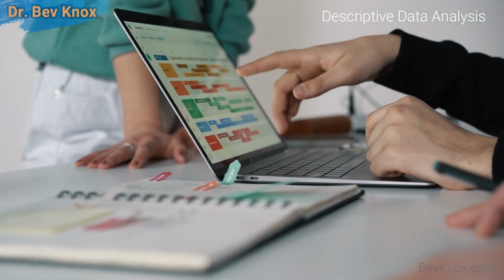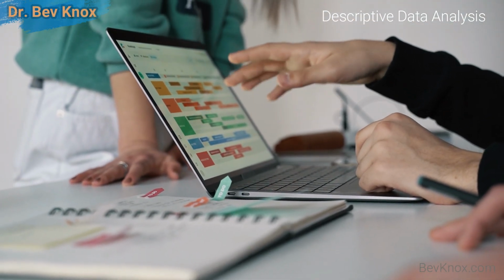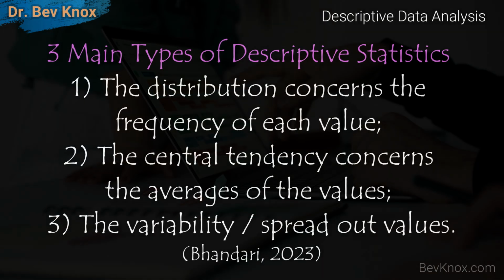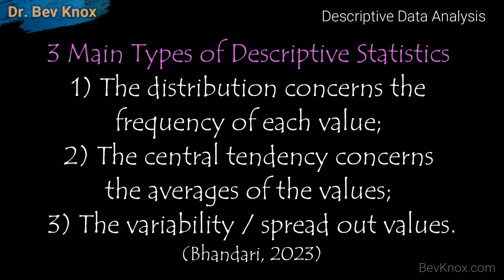Now, there are different types of descriptive statistics. The three main types are: the distribution concerns the frequency of each value, the central tendency concerns the averages of the values, and the variability concerns how spread out the values are.